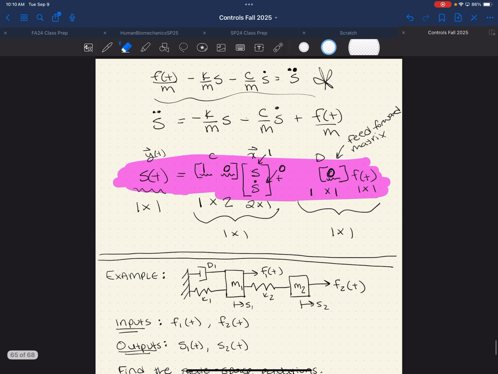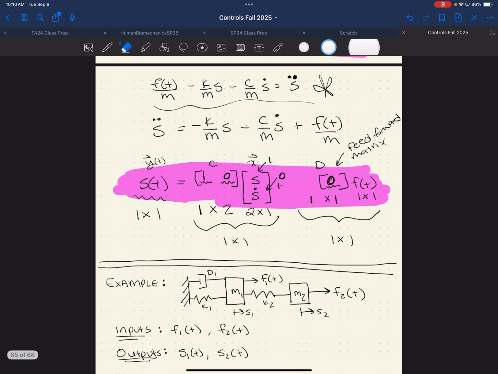But it is possible that, for instance, if our output was not a position but a force, and we add a force, that comes straight out in the output. So it's a feed forward. It just shows up. If that were the case, it's that D term that would allow it to mathematically happen.